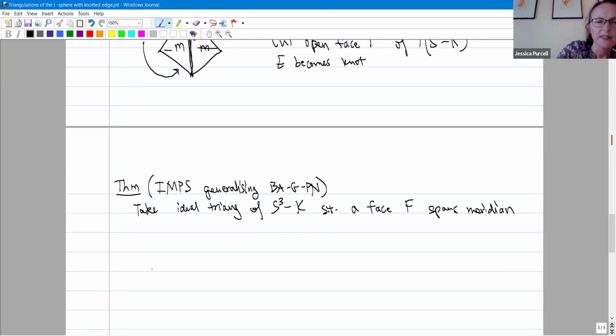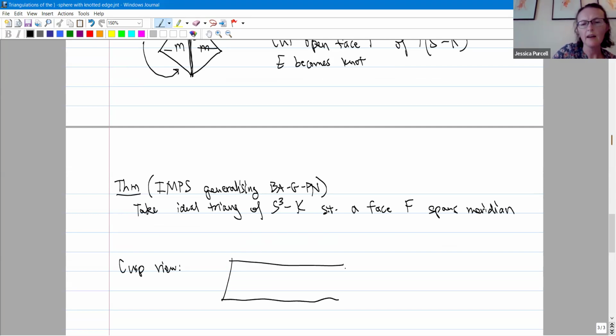And what do I mean by that? If you look at the cusp view, you have this triangulation of your knot. Topologically, a tubular neighborhood of the knot sitting inside of your complement is going to be a torus.